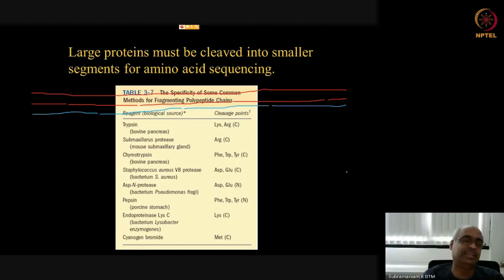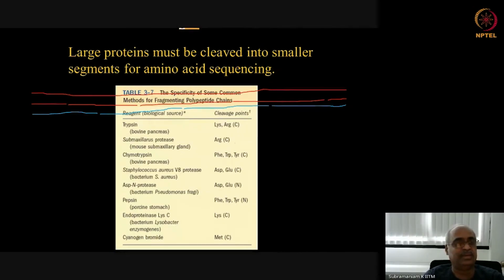So by generating these overlapping peptides by using 2 different proteases, you get a mixture of overlapping peptides, and sequencing all of them eventually leads to getting the sequence of the entire polypeptide.